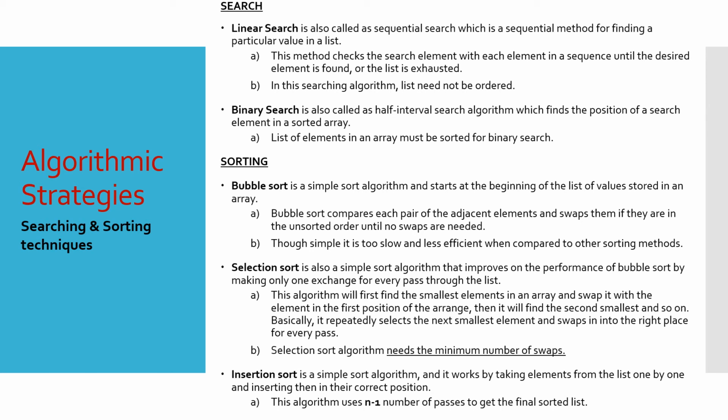In the case of a bubble sort, it starts at the beginning of the list of values stored in an array, compares each pair of adjacent elements, and swaps them. So it does the swap between neighbors as it goes, comparing every value: are you bigger than me or lesser than me, depending on what you're trying to do, and then keep swapping.